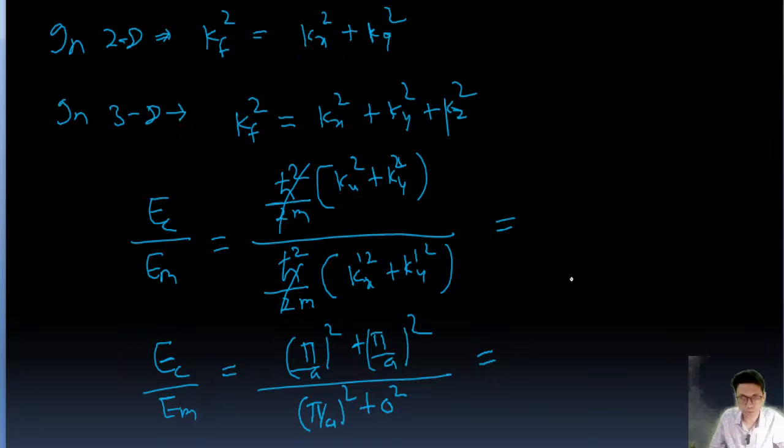So this is going to be simple: 2 pi squared upon a squared upon pi squared upon a squared, right? This value is going to be 2. So 2 is the answer.